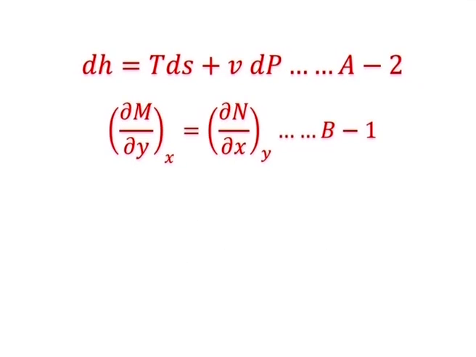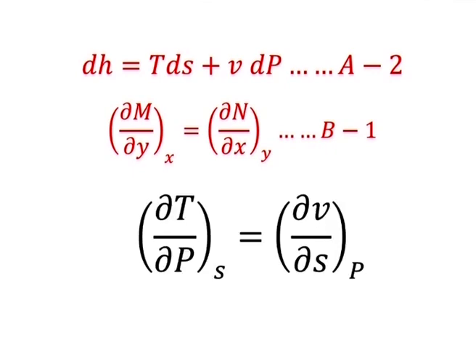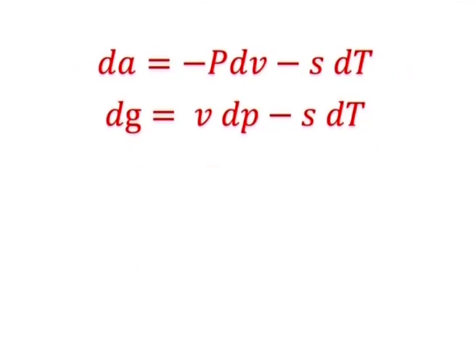In equation A2, T and v play the roles of M and N in equation B1 respectively. Thus, partial derivative of T with respect to p keeping s constant is equal to partial derivative of v with respect to s keeping p constant.